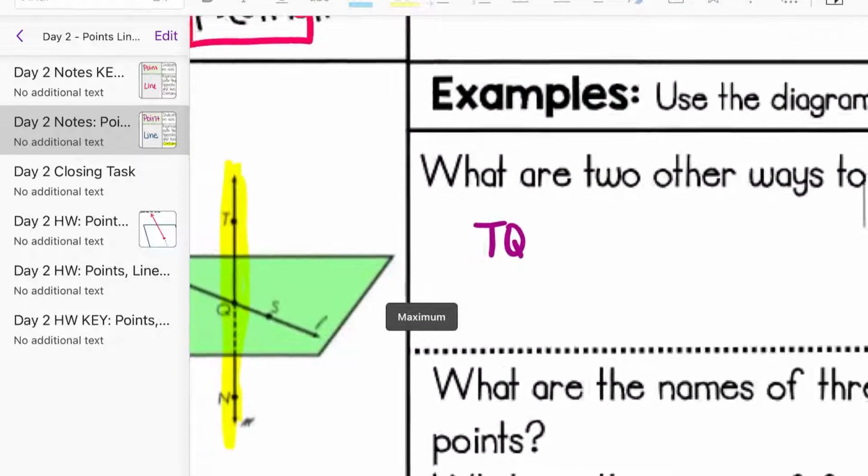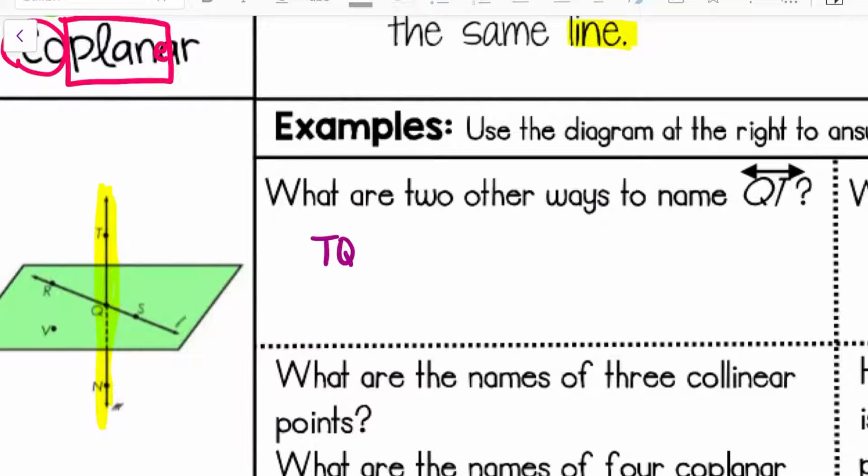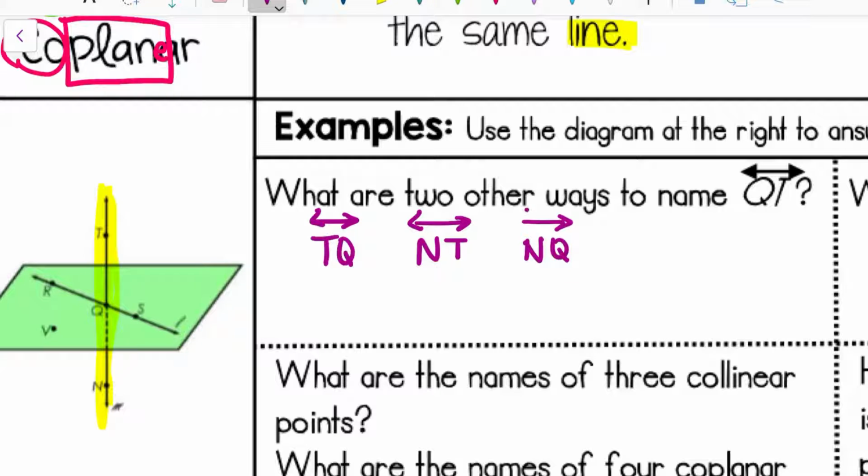We could also say NQ. And we could also reverse these. We've already reversed TQ, but we could reverse TN to be NT, and we could reverse NQ to be QN.